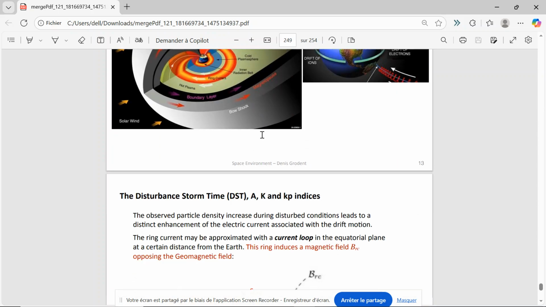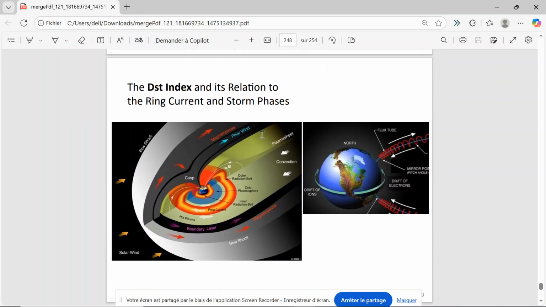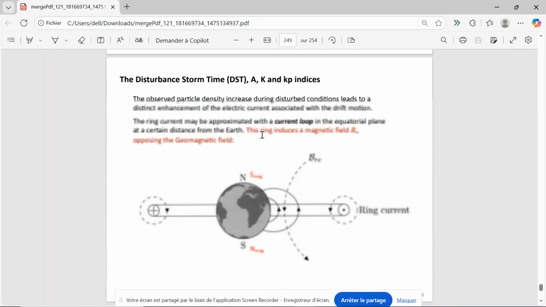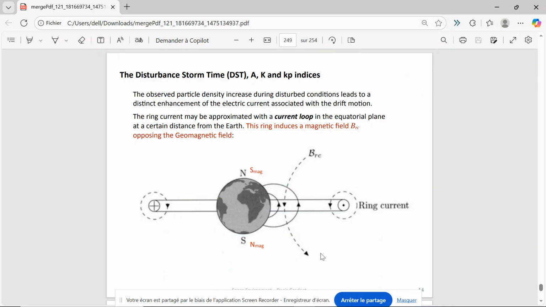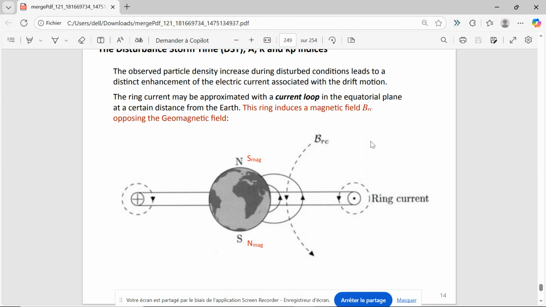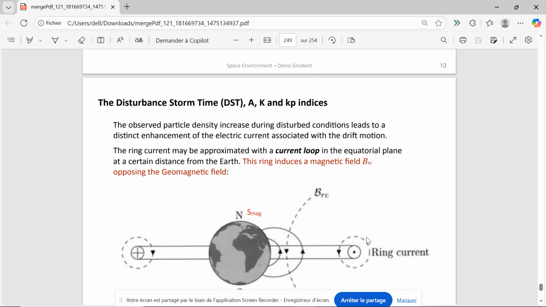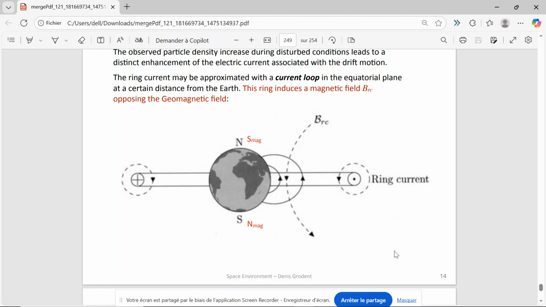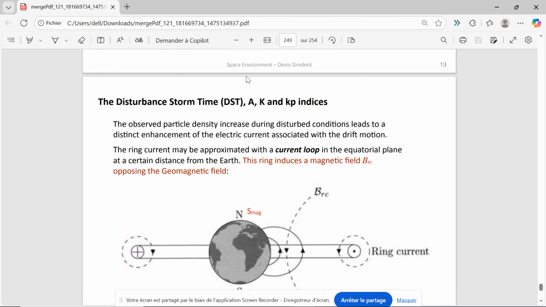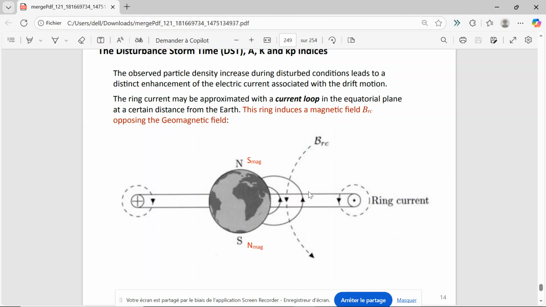The Dst index, the disturbance storm time, its relation to the ring current and storm phases. Here you have the ring current that is created because of the drift induced by the perpendicular gradient, and this will induce a ring magnetic field that will be opposite to the one of the Earth, and this is what the disturbance storm time measures.